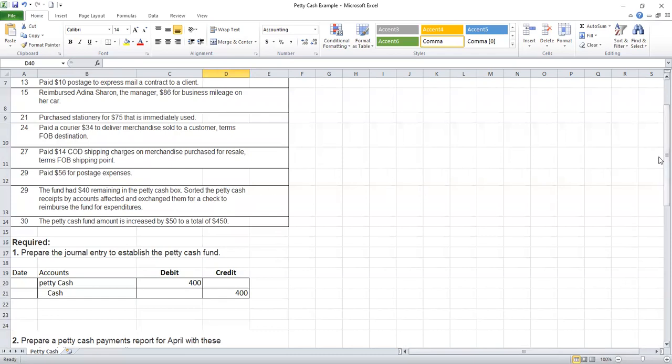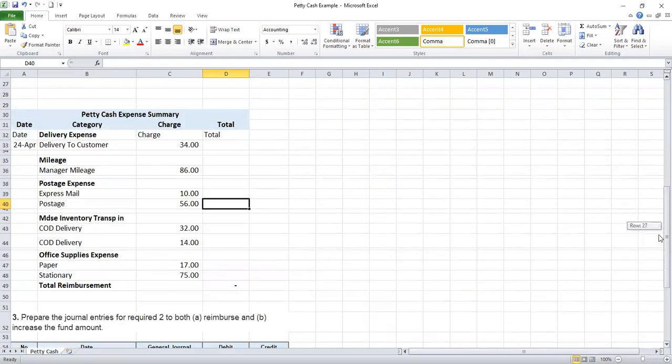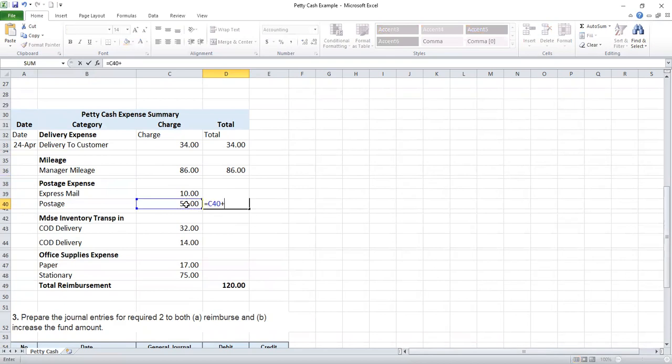First, we're going to come down to our petty cash expense summary report, and we're just going to total all the expense accounts. So the delivery expense only had one transaction, so $34. Mileage only had one transaction, $86. Postage expense had two. If you want to make a formal calculation, do that.